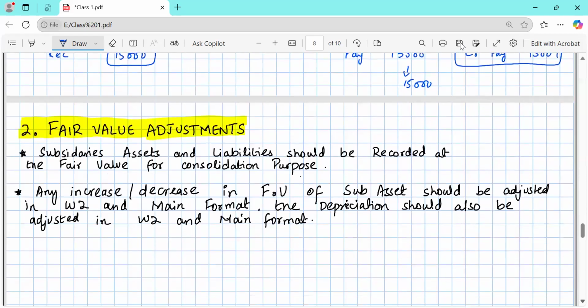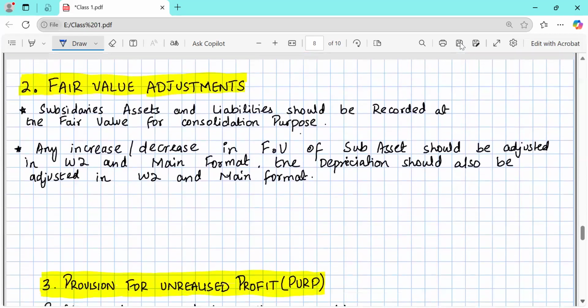Next adjustment is fair value adjustment. You have seen the fair value adjustment word in the format in the workings. Now, what does it mean? Subsidiary's assets and liabilities should be recorded at fair value for consolidation purposes. Fair value is basically market value.